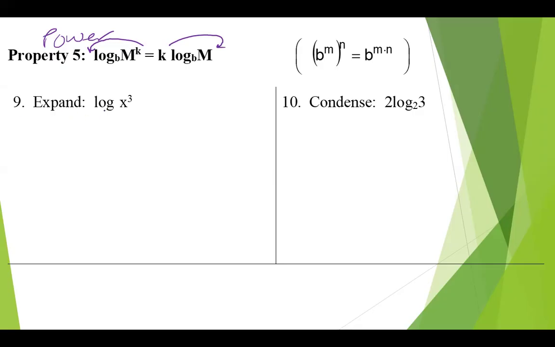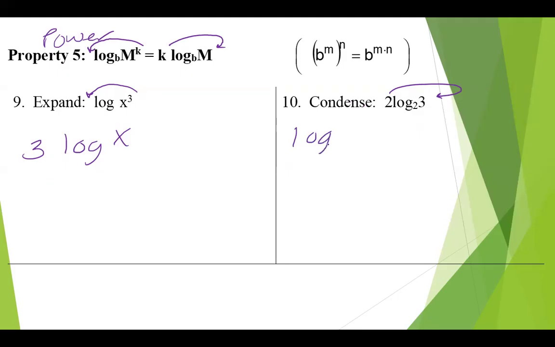So in this case, we're expanding, so our power is becoming our coefficient. That gives us 3 log of x. On the next one, we're going to condense, which means we're going to take our coefficient and it's going to become our power.